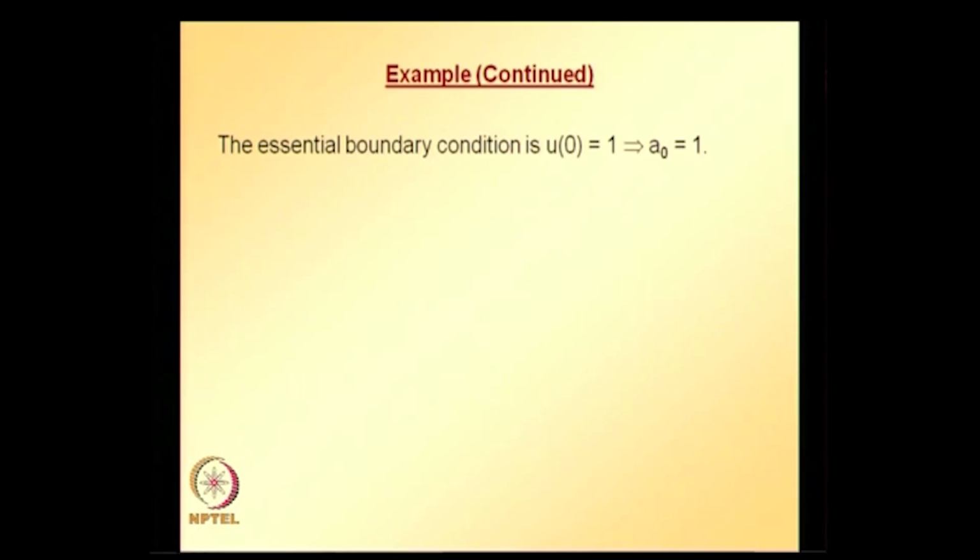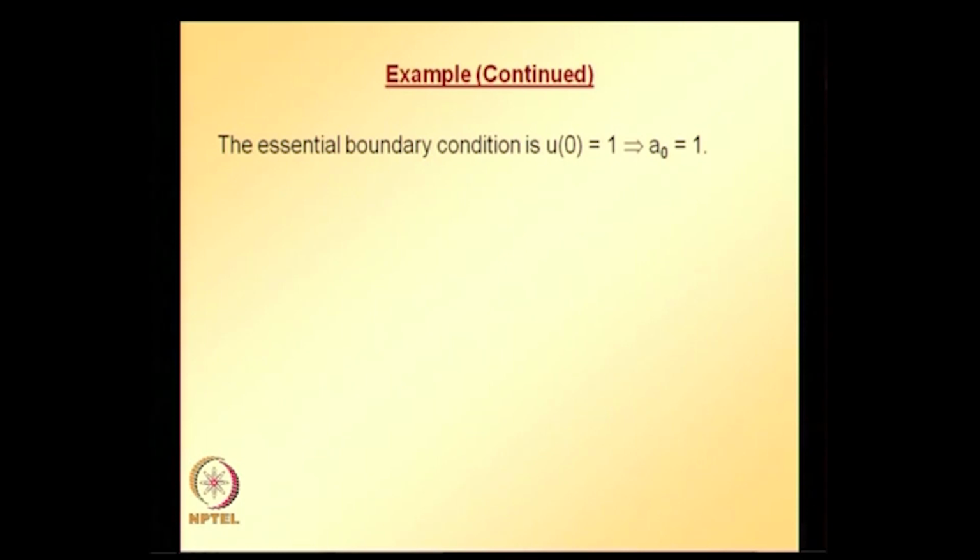This is the reason why you should be good at identifying, if a boundary value problem is given with boundary conditions, which boundary condition is essential and which is natural, because we need to make the trial solution admissible, and we need to substitute the essential boundary condition before we proceed further.